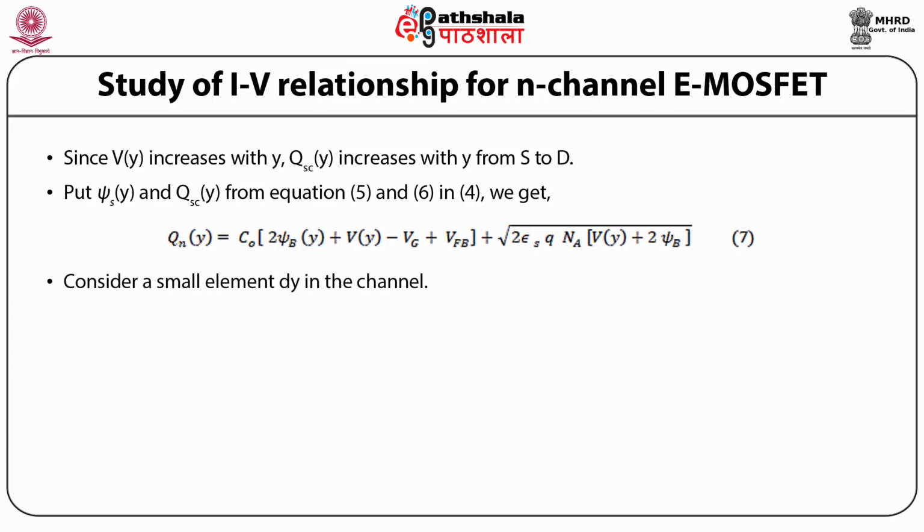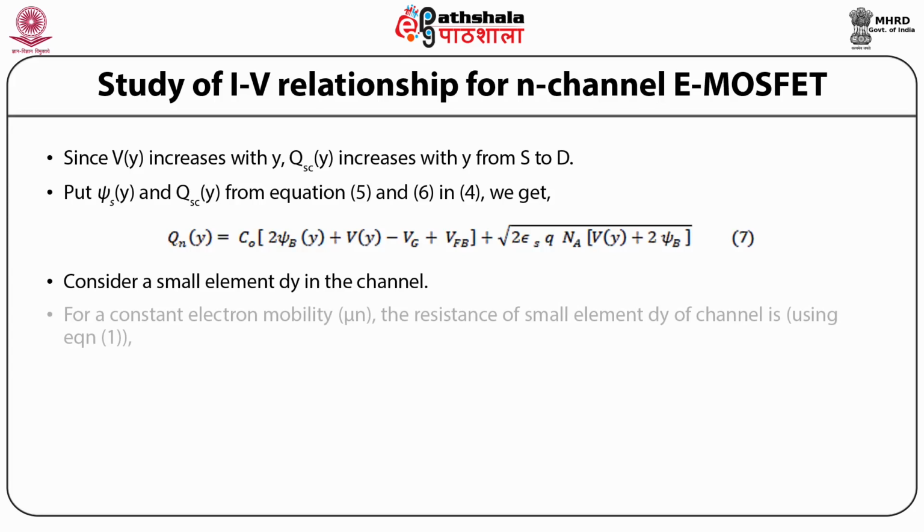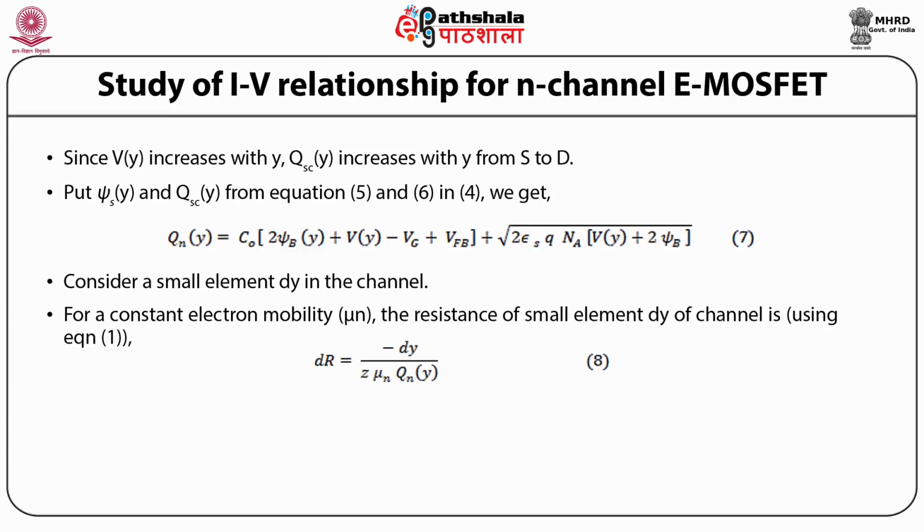So consider a small element dy in the channel, and for a constant mobility mu n, the resistance of the small element dy of the channel is dR equal to minus dy by Z mu n multiplied by Qn(y).